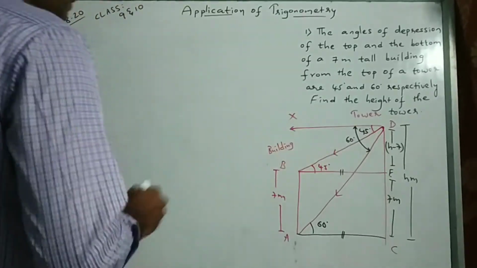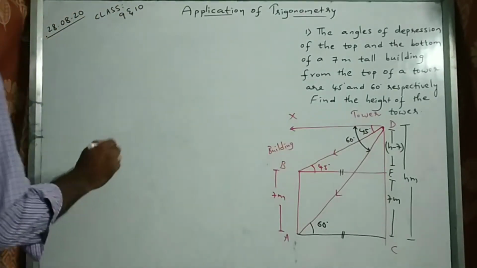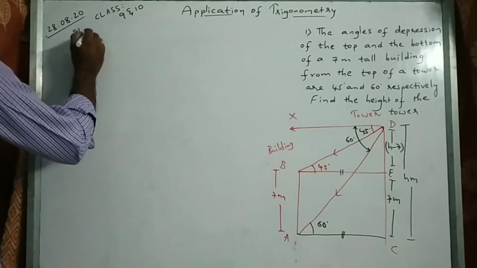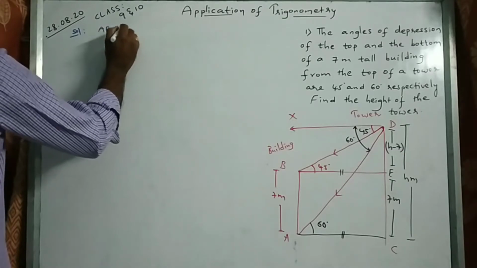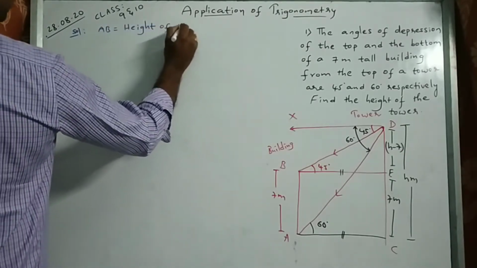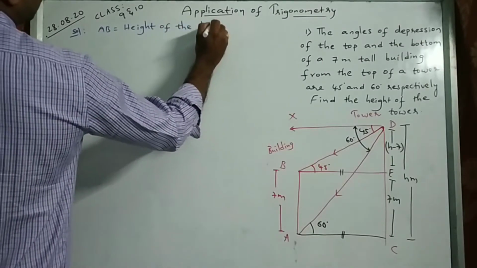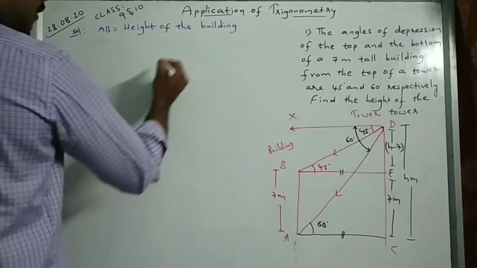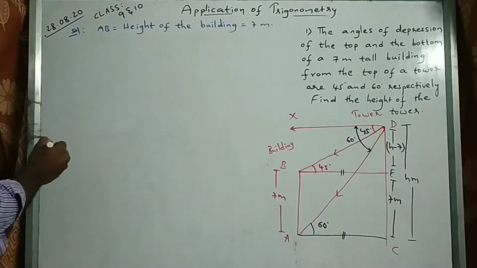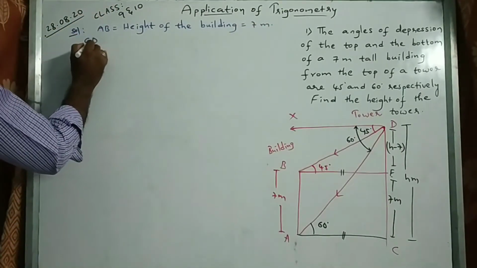So with respect to the horizontal line only, we will write the depressions there. So, solution. First, AB equal to the height of the building, is equal to how much? 7 meters.